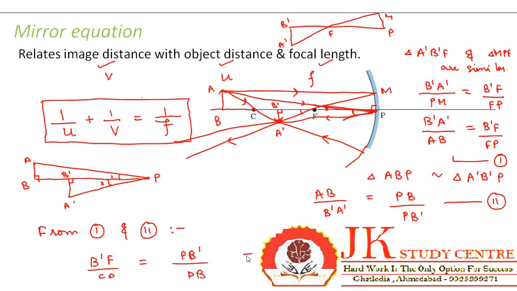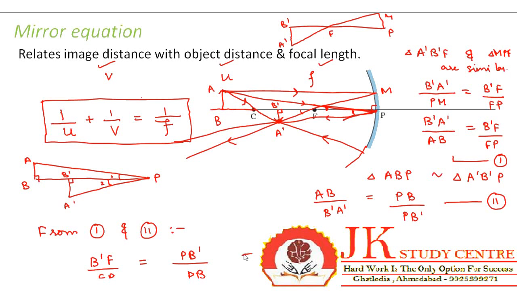Now from this we can see that if you look at this figure, what is B'F? This is B'F. It is nothing but PB' minus PF, right?